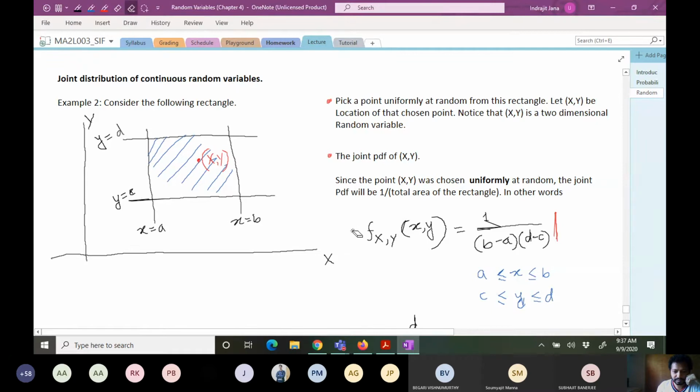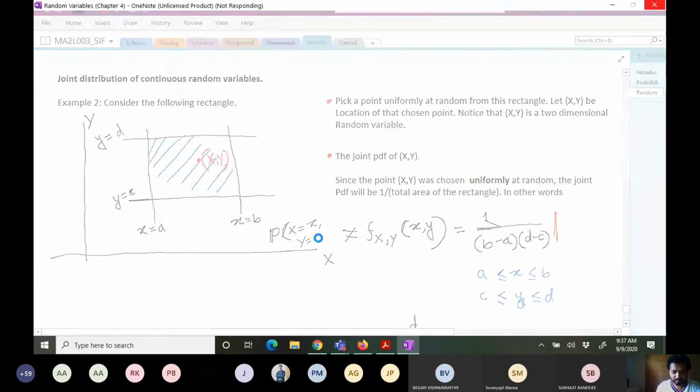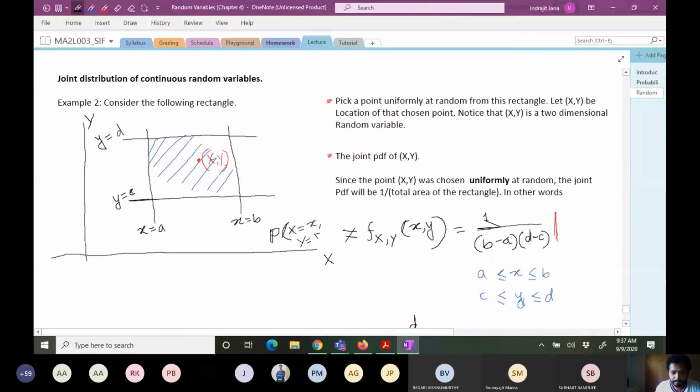This thing is not the probability of uppercase X is equal to little x and uppercase Y is equal to little y. It is a continuous distribution, and the probability density function is not the same as the actual probability at that point. And I probably have not answered your question.